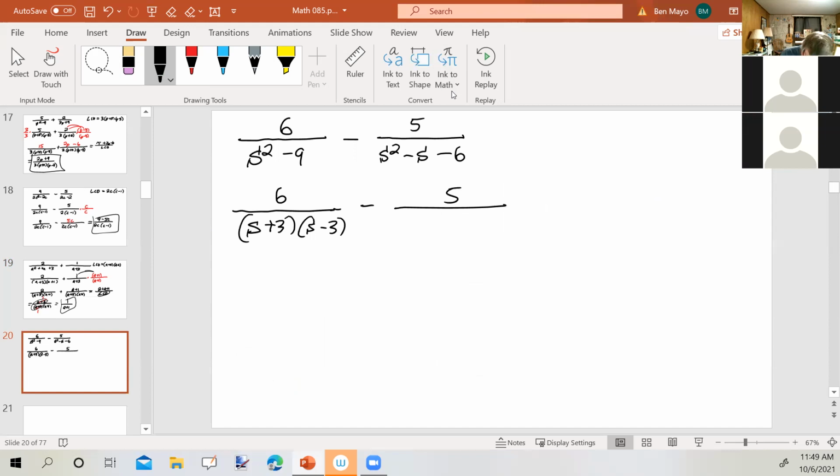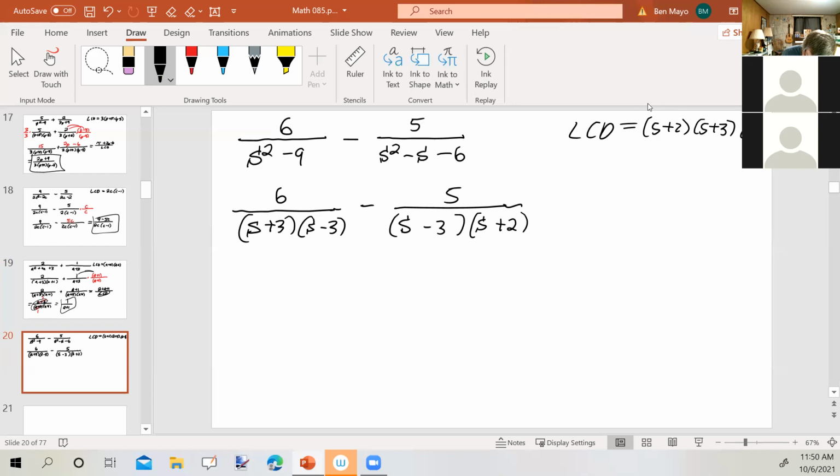The second denominator, let's see what we get here. How about s minus 3 and s plus 2? That would give us a minus 6 at the end and a minus 1 in the middle. Okay. So our LCD is s plus 2, s plus 3, s minus 3, one of each. Any questions there? I'll take that as a no.